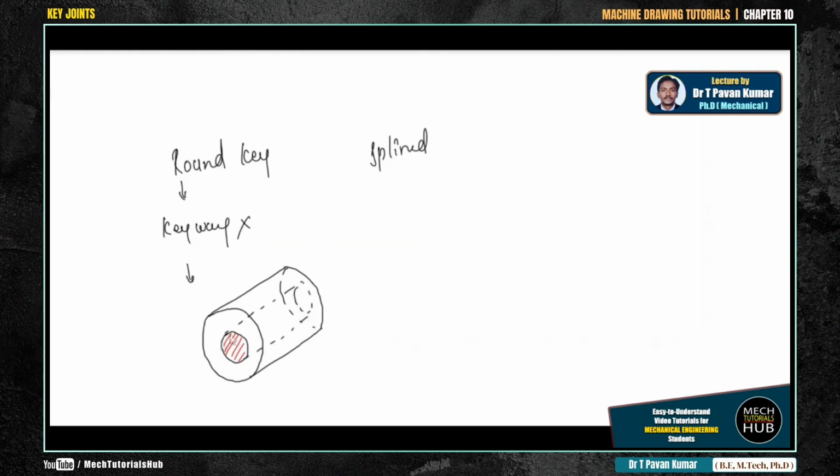In this case, a keyway is not provided. Drilling takes place at the mating point of the hub and the shaft. Let us say this is the drilling point. Half of the drill bit is going to take in the hub and half in the shaft, so this drilling is up to a depth.